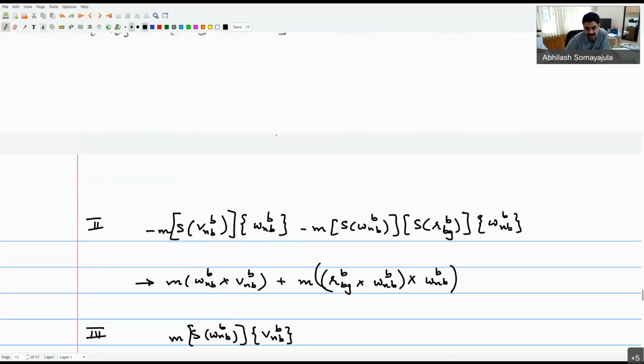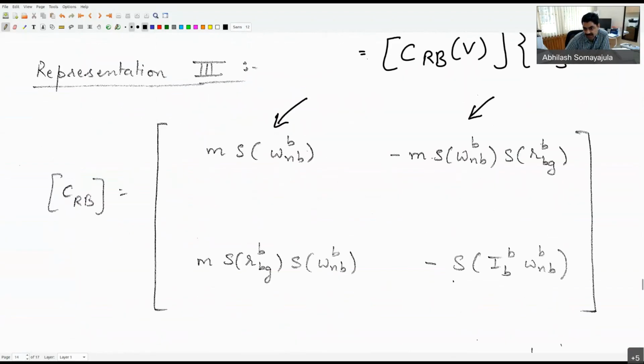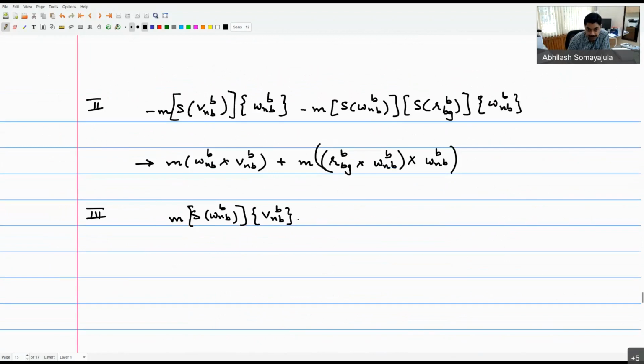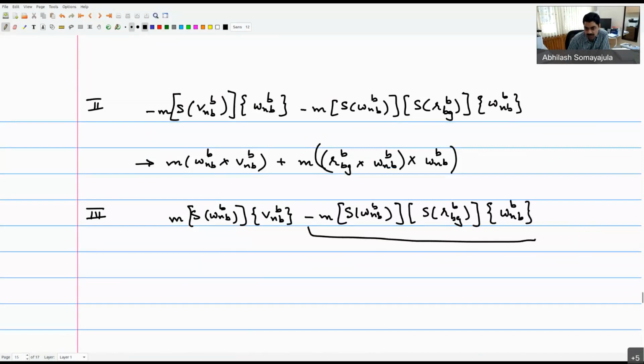And then in addition, I have the second term now, minus S of omega_nb^b r_bg, and that will be minus m S of omega_nb^b S of r_bg^b times omega_nb^b. It's actually easy to see that this term is the same as this term, correct? Yes, sir. These two terms are the same.